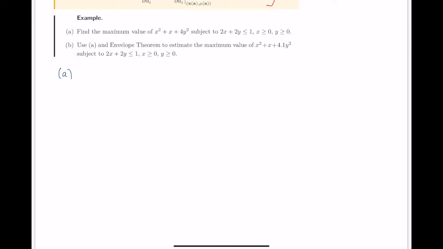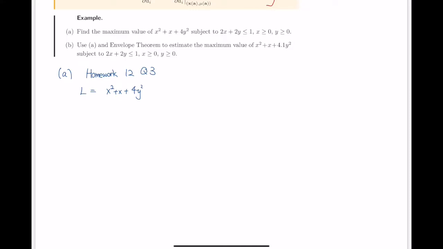Find the maximum value of the objective function x squared plus x plus 4y squared subject to three inequality constraints: 2x plus 2y less than or equal to 1, x greater than or equal to 0, y greater than or equal to 0. Actually, this is a question from homework 12, question 3. Okay? So I just remind you the key step. One of the key steps is the Lagrangian, in this case, is the objective function.